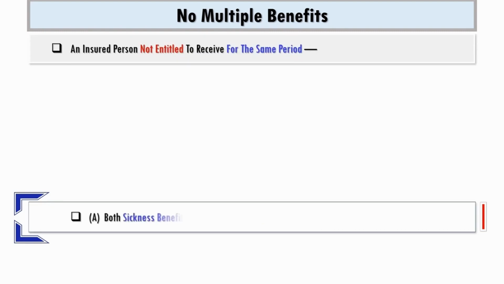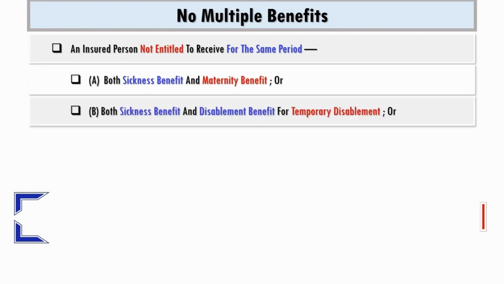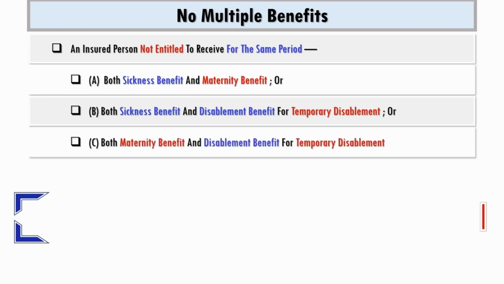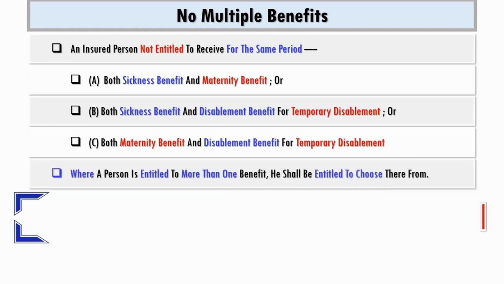ESI prohibits clubbing of benefits. An insured person cannot receive for the same period both sickness benefit and maternity benefit together, or sickness benefit and disablement benefit. Similarly, maternity benefit and disablement benefit. It is required that the insured person must make a choice between the available benefits and opt for only one of them.